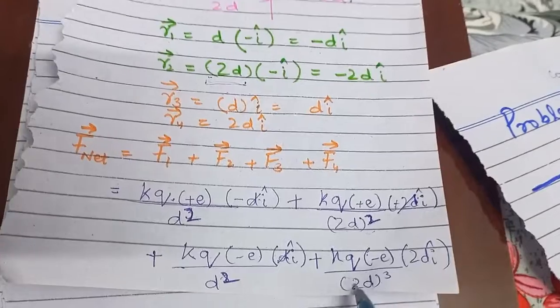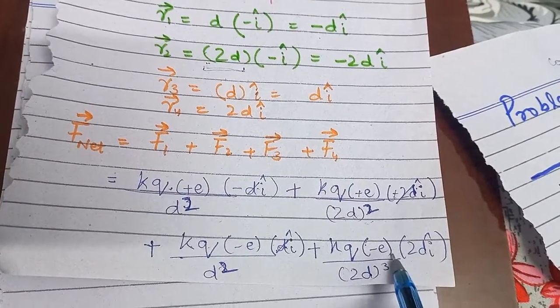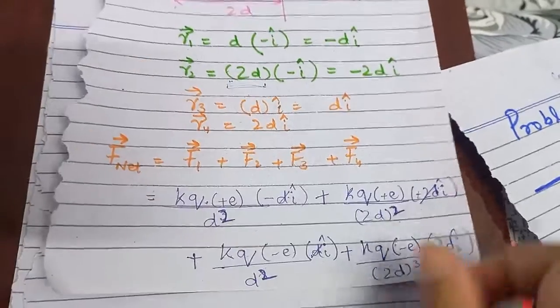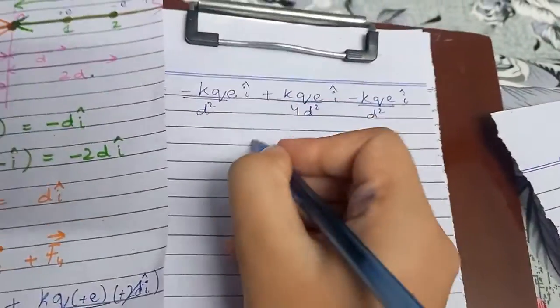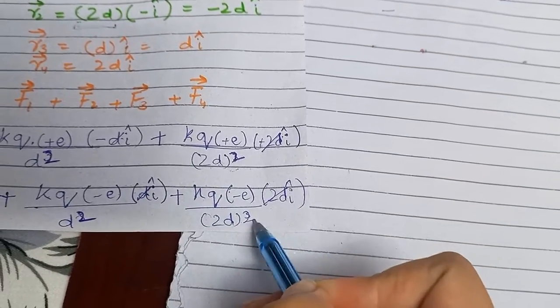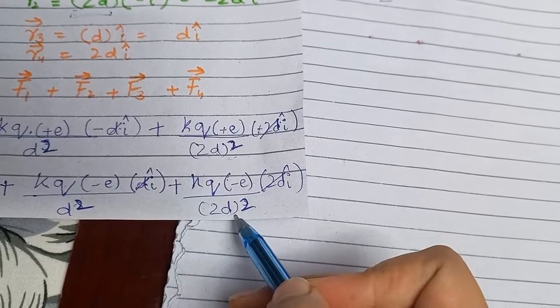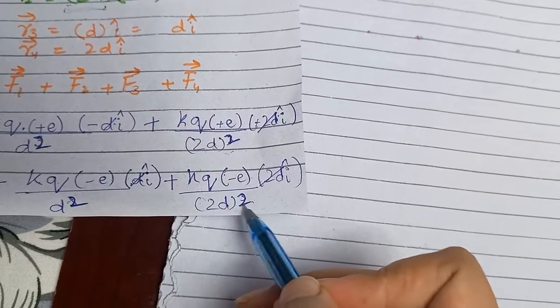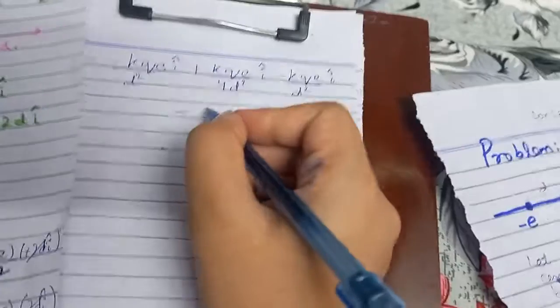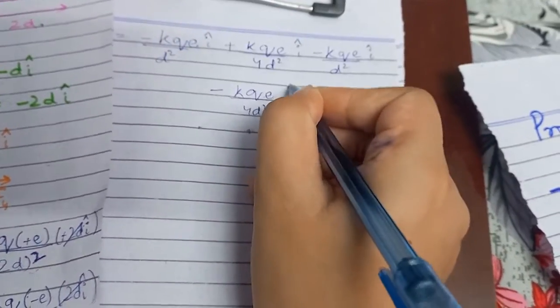And lastly we can see here it's positive and negative cancels. No, they do not cancel out, it's negative. Resultantly we will get negative, and one of the 2d cancels out and we are left with 2d whole square, and we'll write 4d square in the denominator, k q e over 4d square with a negative sign, i hat.